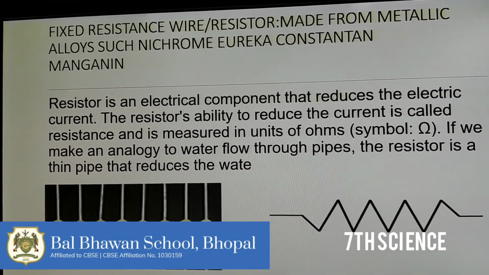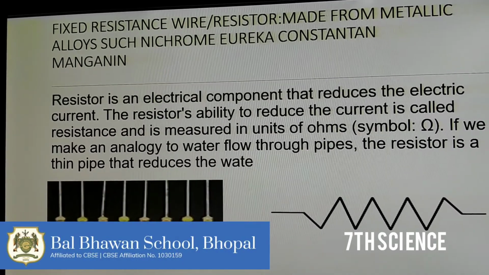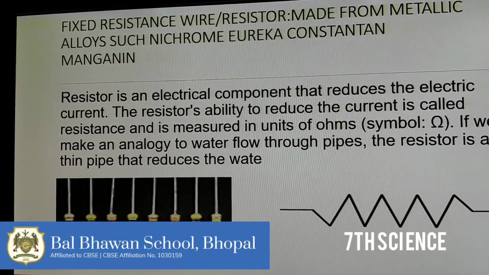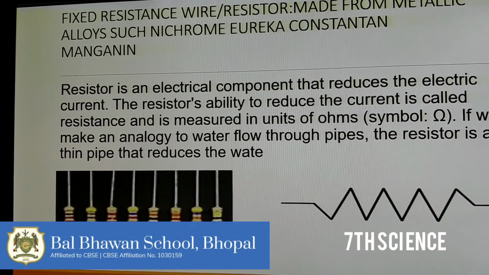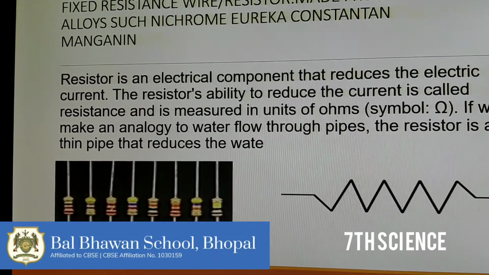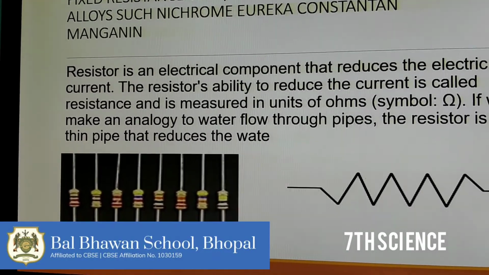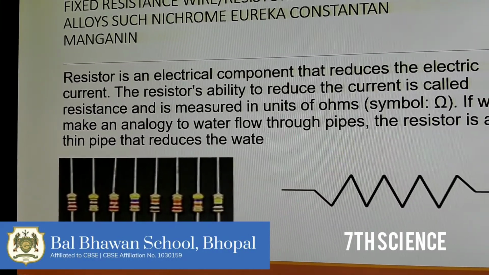Coming to the next, fixed resistance wire or a resistor, made from metallic alloys such as nichrome, eureka, constantan, and manganese. Resistor, an electric component which reduces the electric current, and this ability to reduce the electric current is called resistance. It is measured in units of ohm.